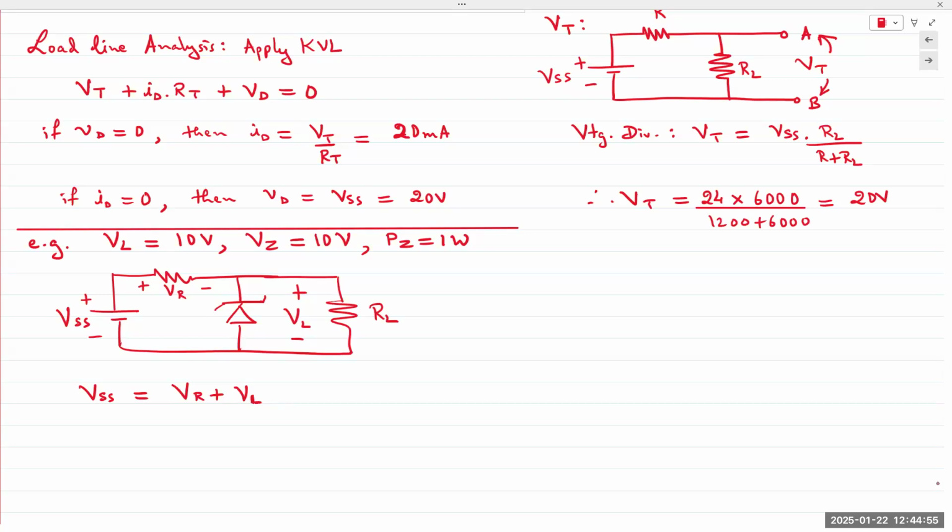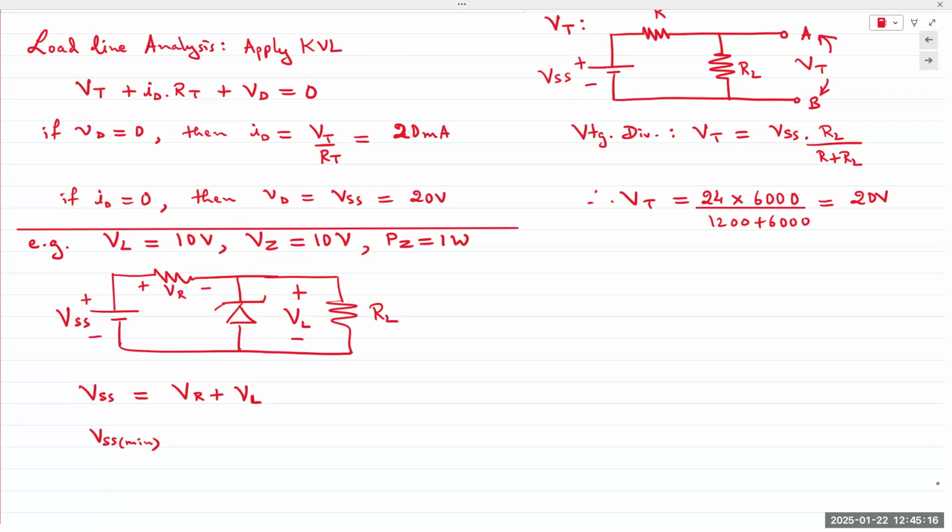Supply voltage, VR, VL. Now, from here, we can write an equation for VSS min, the minimum voltage that is required to turn it on.